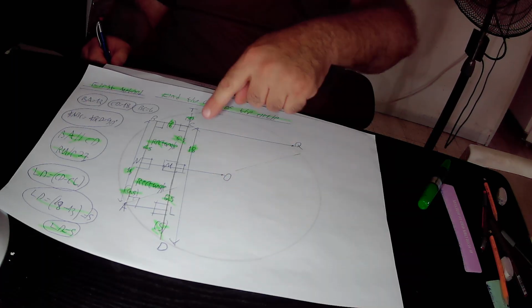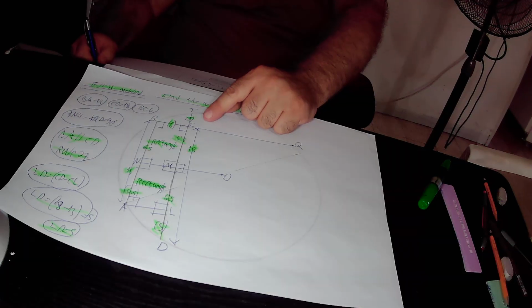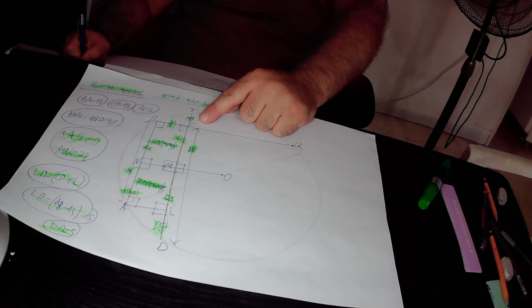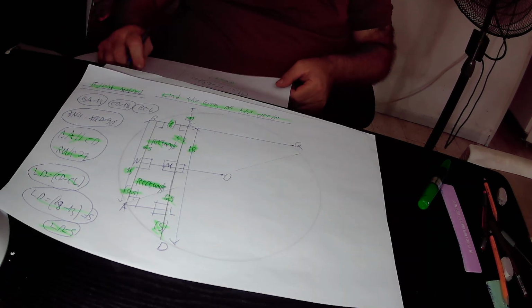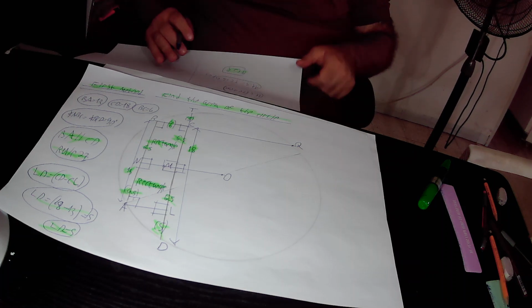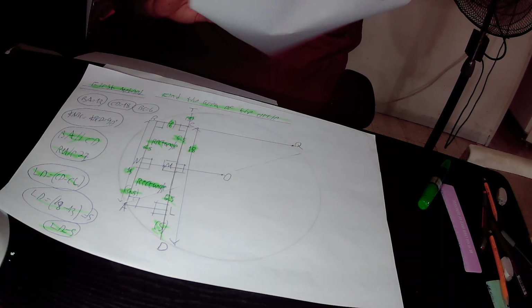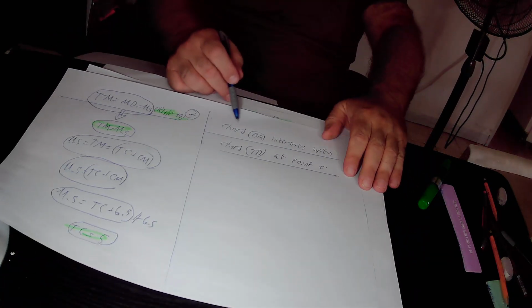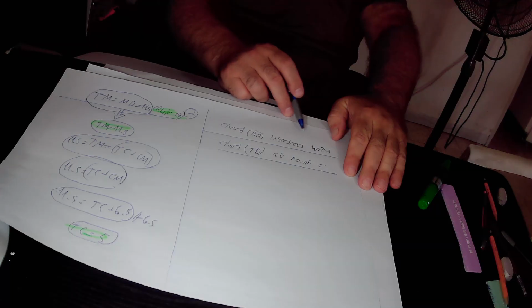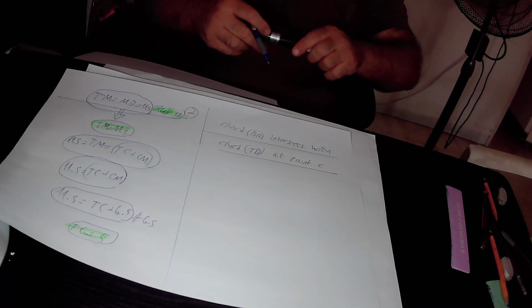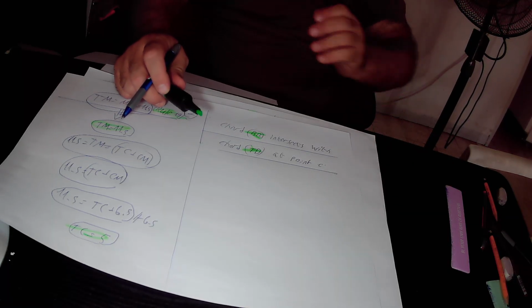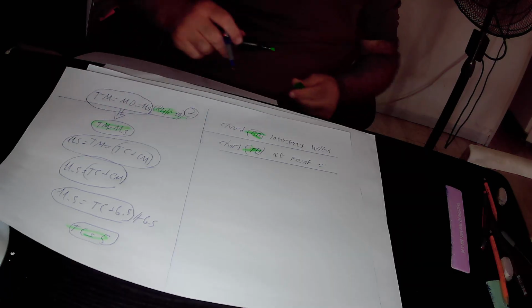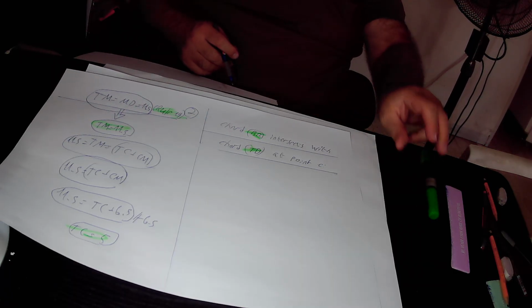The intersection point occurs at point C. Repeat again: by doing this construction, we created two chords that intersect with each other, chord QB that intersects with chord TD at point C. And whenever you have two chords that intersect with each other, you can implement rule 15.